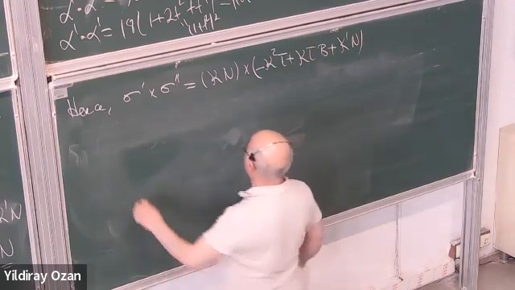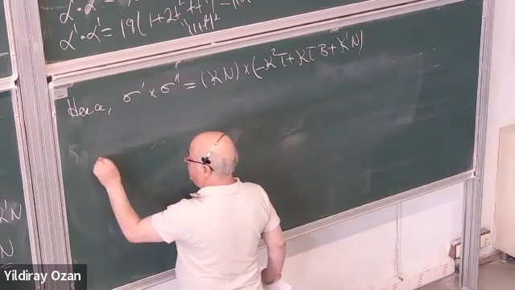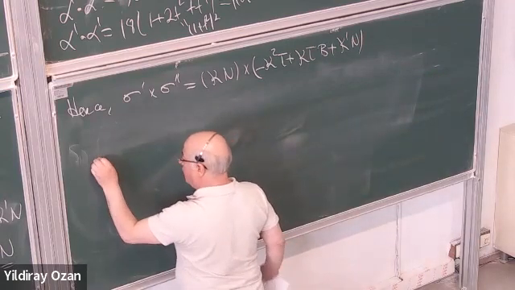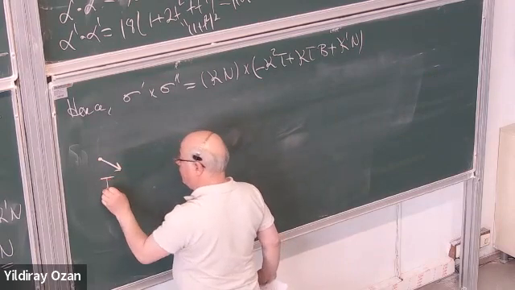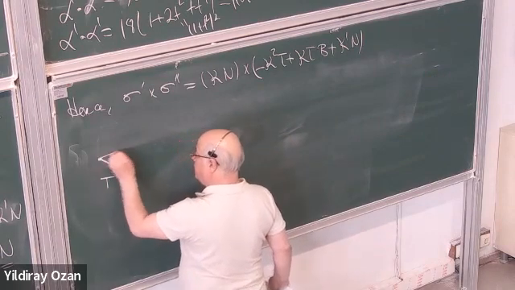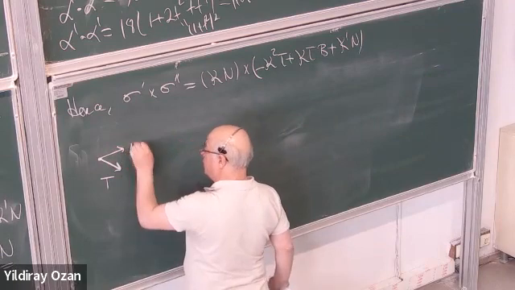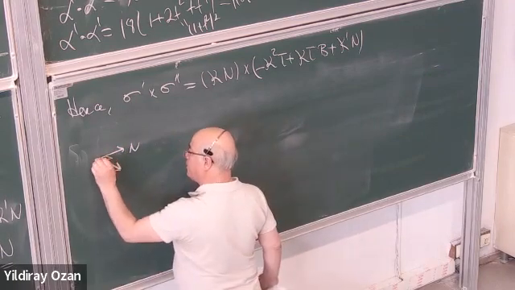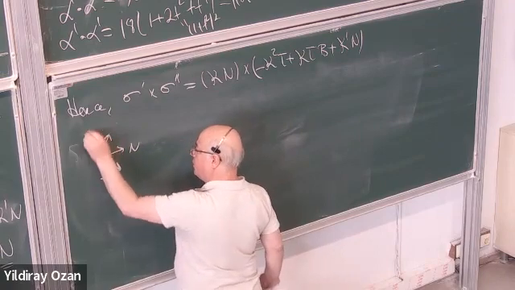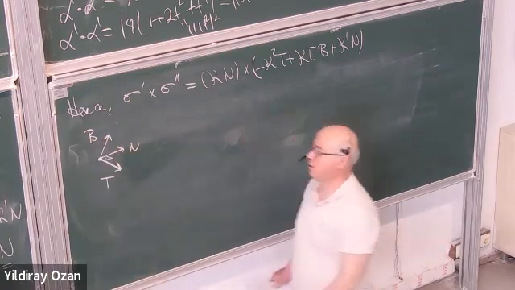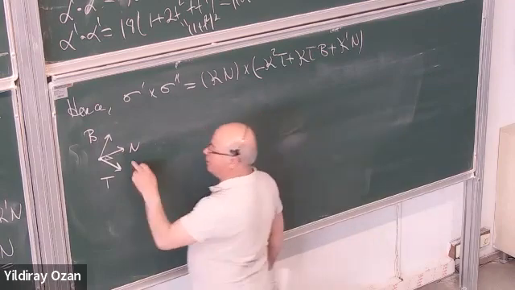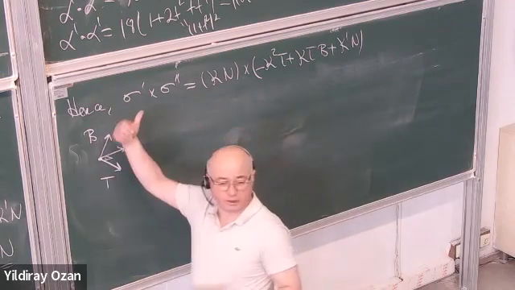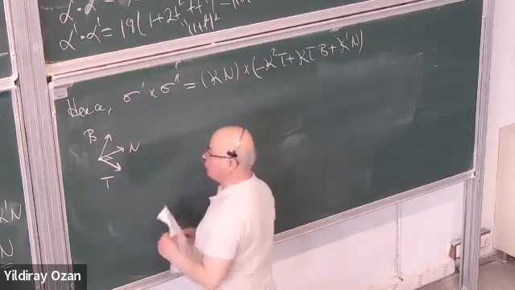Okay. Now we keep in mind that if this is the vector t, n is a vector perpendicular to this, right? It's a frame, and b is the cross product of t and n. So we use the right hand rule.